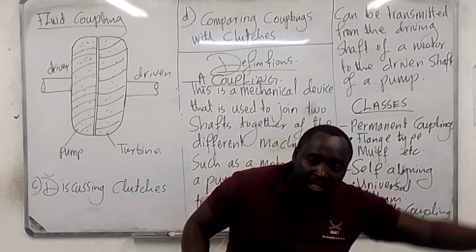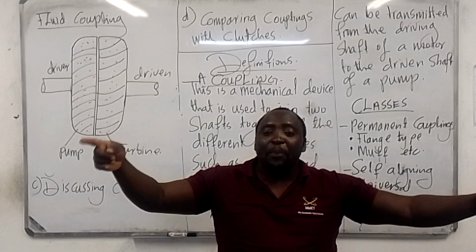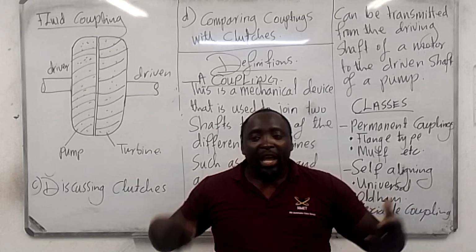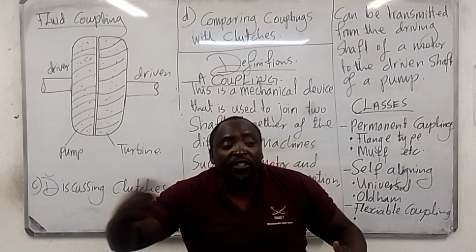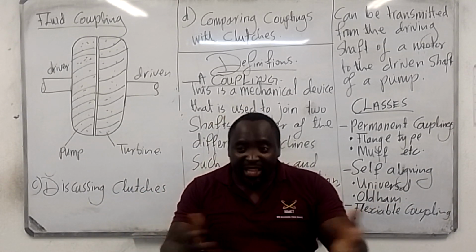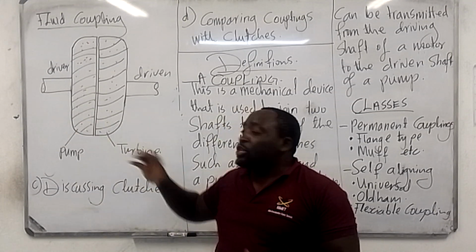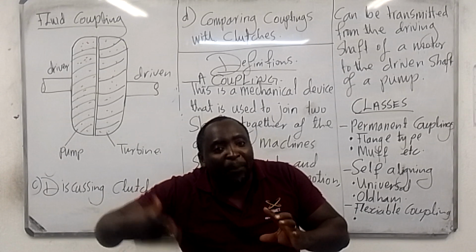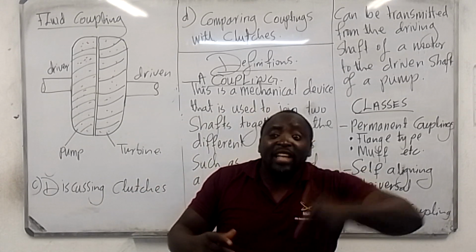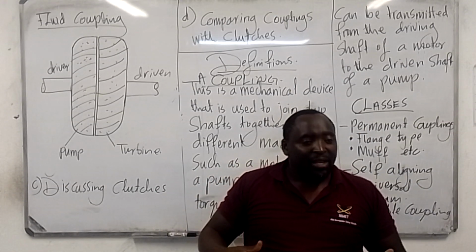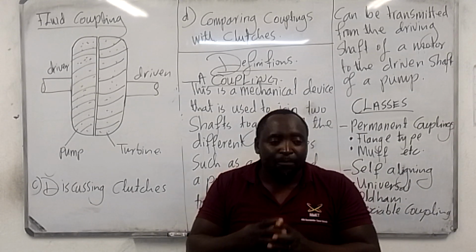To drive the machines. Like in power production, it drives the generator. A pump, what does it do? It drives fluid. Like the water that we receive is being pumped by a pump. So in here, you take two concepts: the pump and the turbine, the drive of the fluid and the driven of the fluid. They work together as a unit.